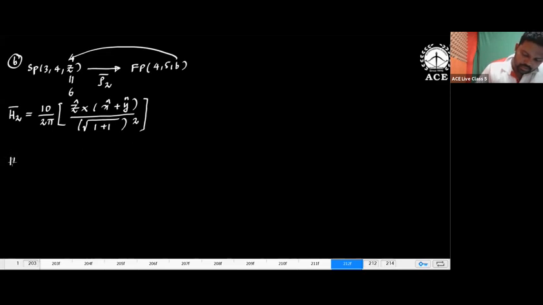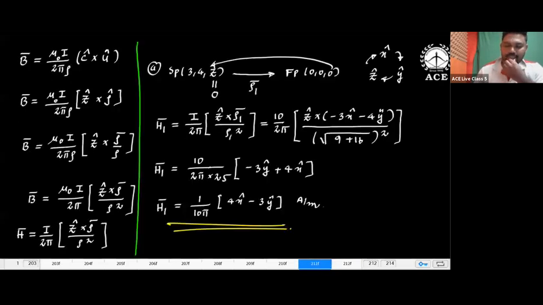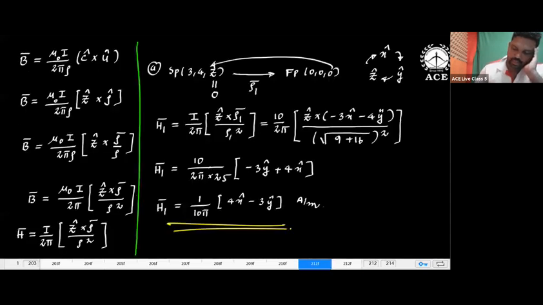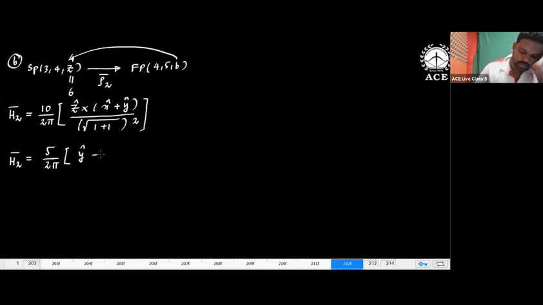So here H2 is equal to 5 by 2 pi. What is Z cross X? Z cross X is Y. What is Z cross Y? It is minus X. So this is the expression. Now let us take the third part of the question.